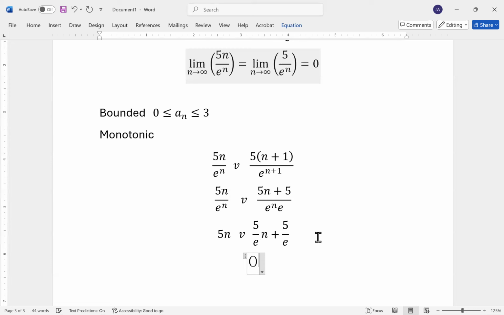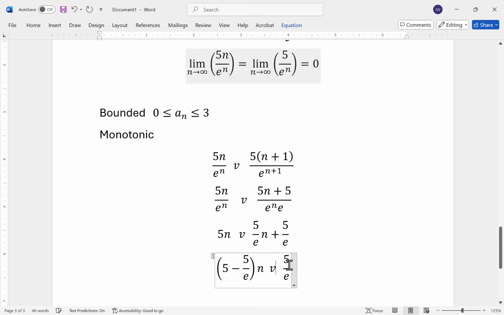So I'm getting 5 minus 5 over e times n on the left versus 5 over e. Now, when n is bigger than 1, 5 minus 5 over e is going to be bigger than 5 over e.